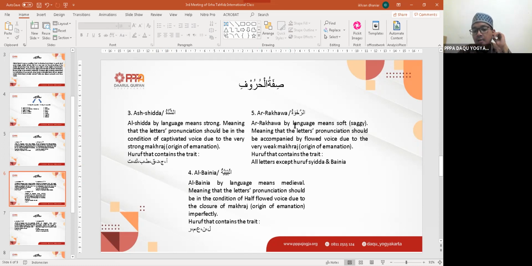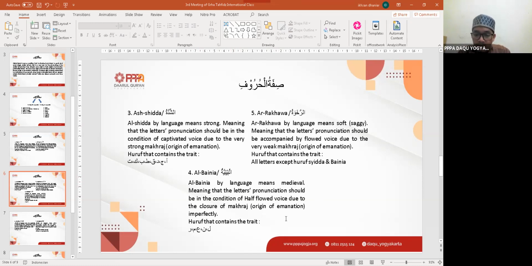Ar-rakhawah. But first, al-bainiyah. Al-bainiyah by language means medium, meaning that the letter's pronunciation should be in the condition of half-flowed voice due to the imperfect closure of the makhraj, or origin of emanation.